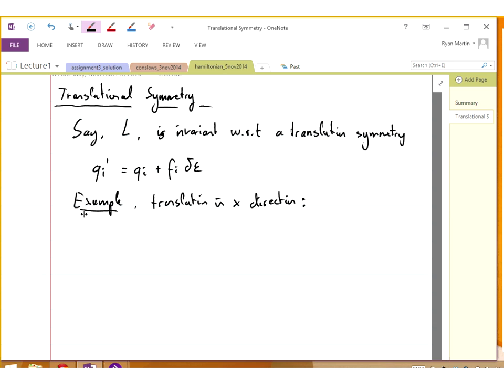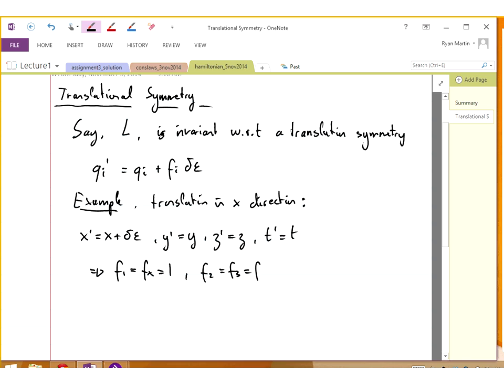For a translation in the x direction, the transformation is x prime equals x plus delta epsilon, y primed equals y, z primed equals z, and obviously t primed equals t. So what we have is that f1, which is fx, is equal to 1, and f2 equals f3 equals g, and that's equal to 0.